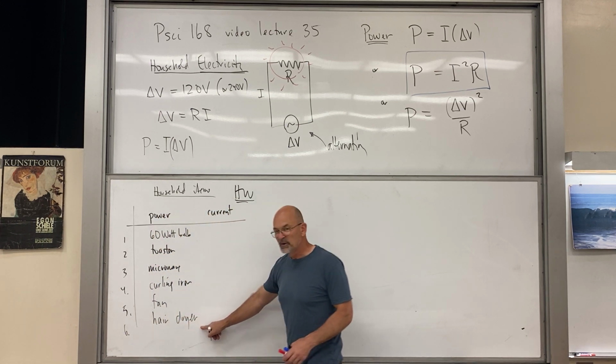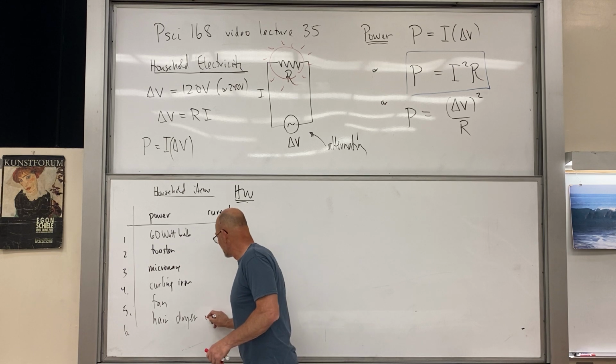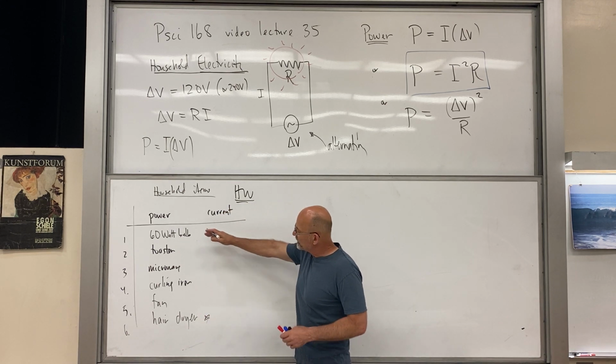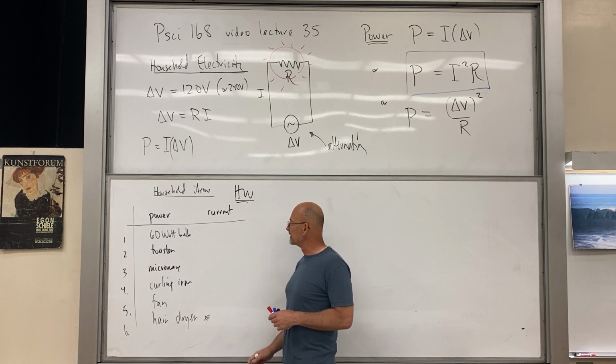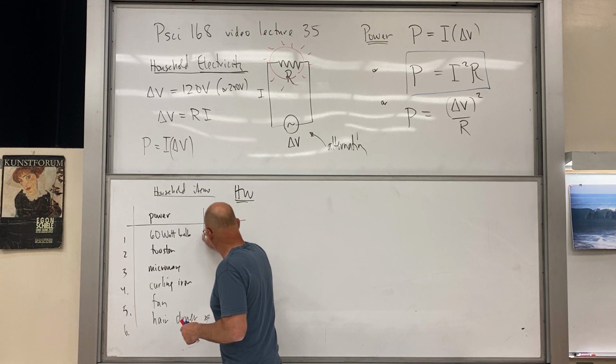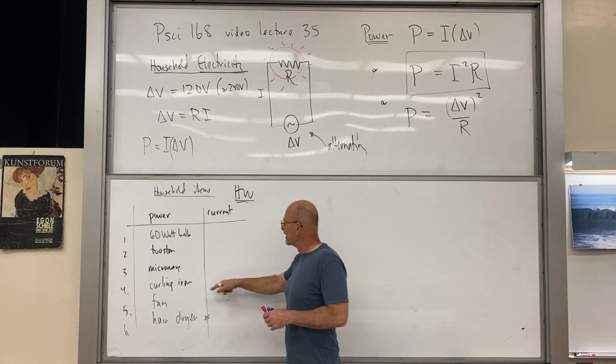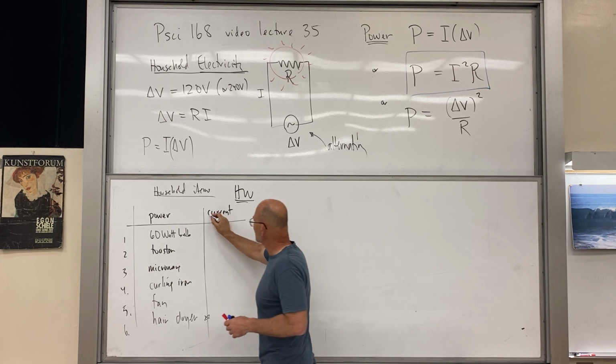This one I think we're going to do together. This one's pretty important. But go ahead and put together a list of some appliances you have around the home. Check for what the power rating is, and then calculate the current.